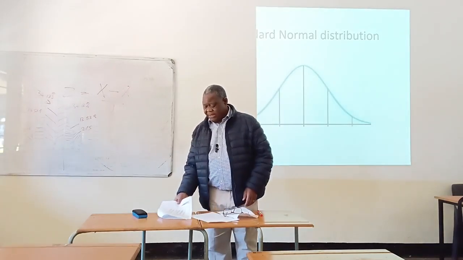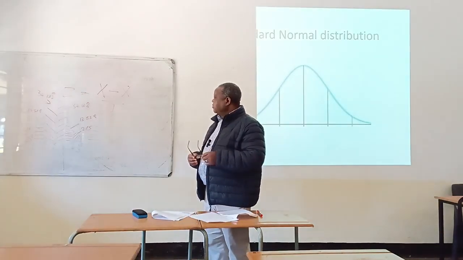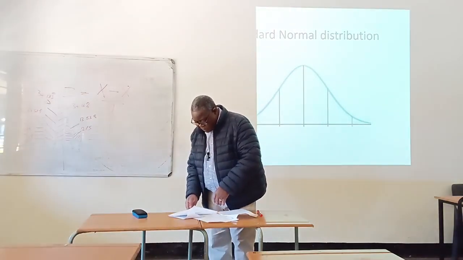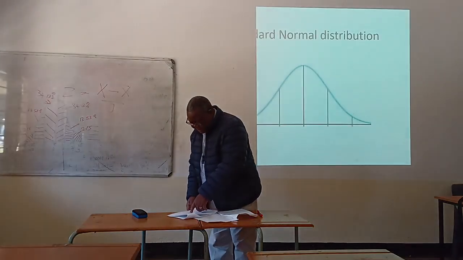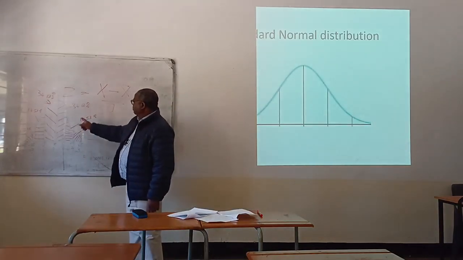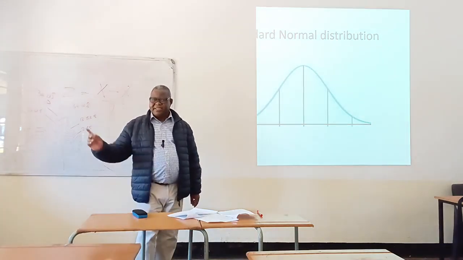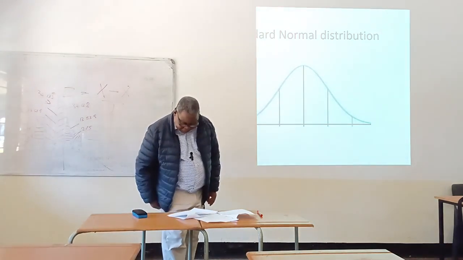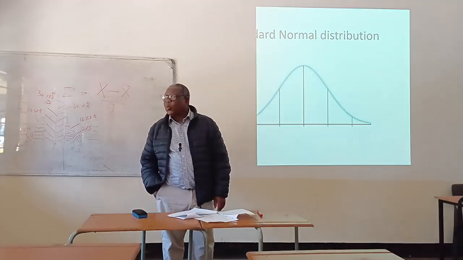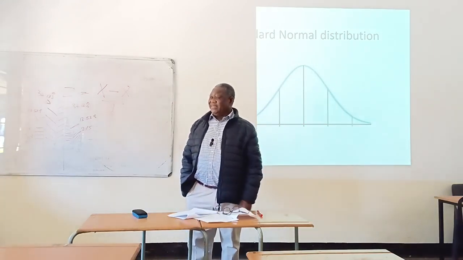Similarly, if you went at z-score 2, the area between the z-score and the mean will be 0.3413 plus 0.1353, which is coming to 0.4772. Do you see it?